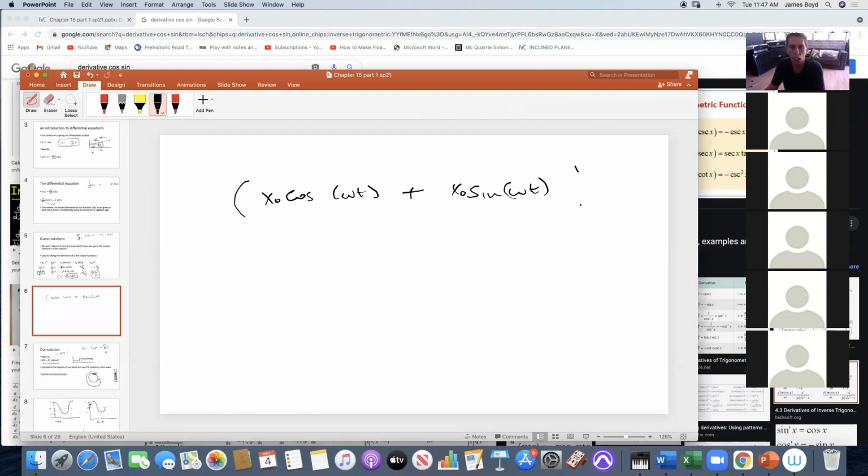It's a combination of these two. It's not just sine, it's actually a combination. And then you kill off one of them with your boundary condition. Your boundary condition is that x naught is equal to, say, 0.1 or whatever. If t is equal to 0, x naught is equal to 0.1, that can't be true for sine. So it has to be cosine.